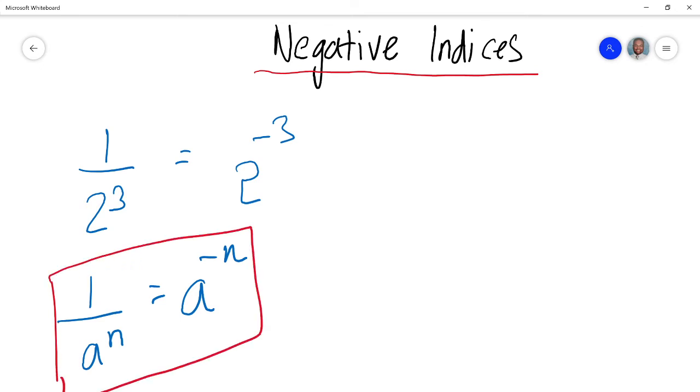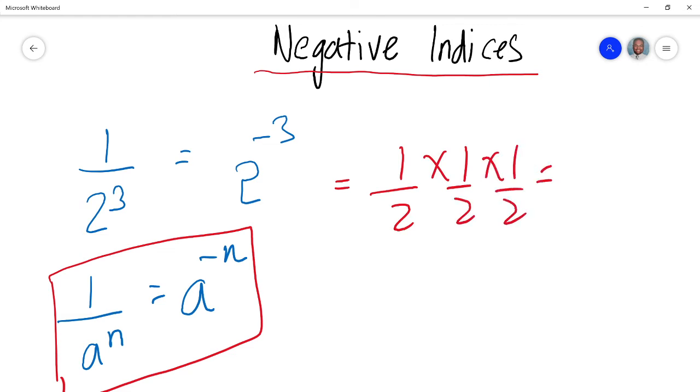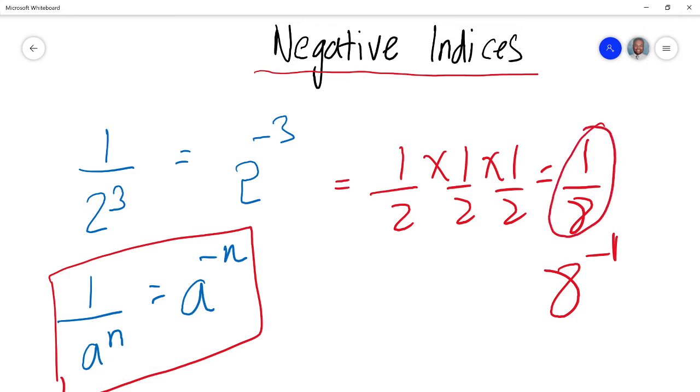And that becomes the same as 1 over 2 times 1 over 2 times 1 over 2, which is 1 over 8. That also is the same as 8 to the power negative 1. So you can see that's the basic representation. You can write it as a fraction or you can write it as a negative index. So 1 over 8 is written as a fraction.